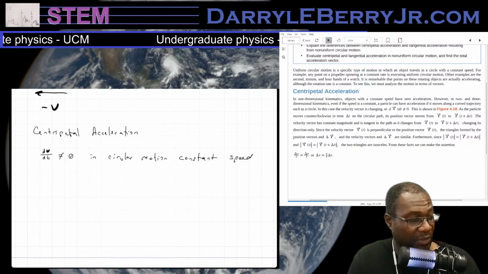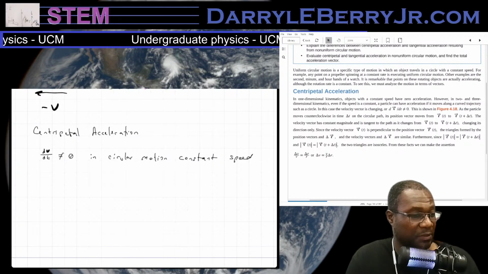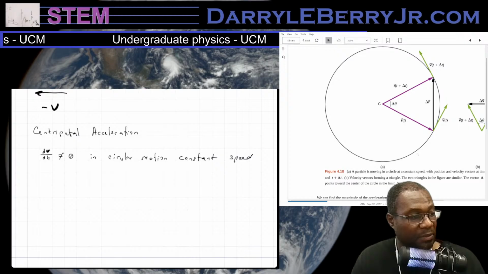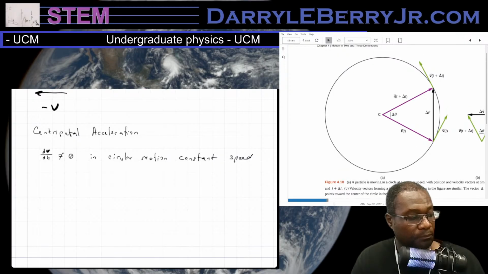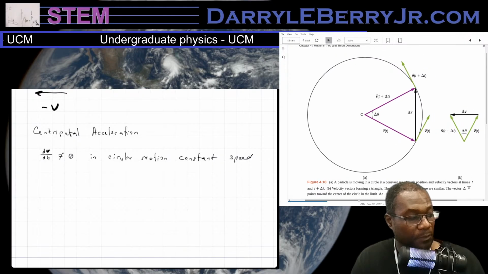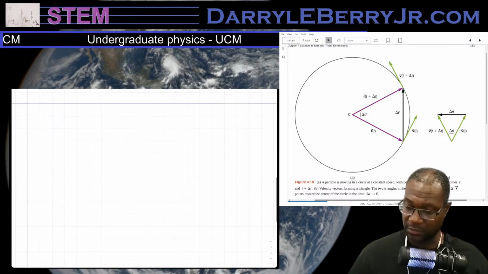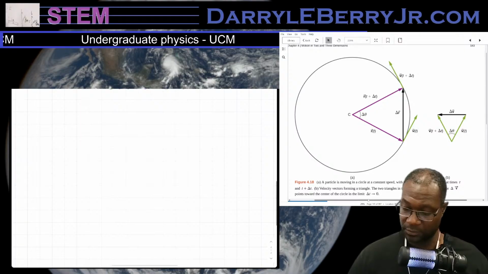From these facts, we can assert that Δv over v equals Δr over r, or Δv equals v over r times Δr. So we need to look at this. It might help to have the image they're talking about in place, so I'll redraw this and then we'll look at it more closely.